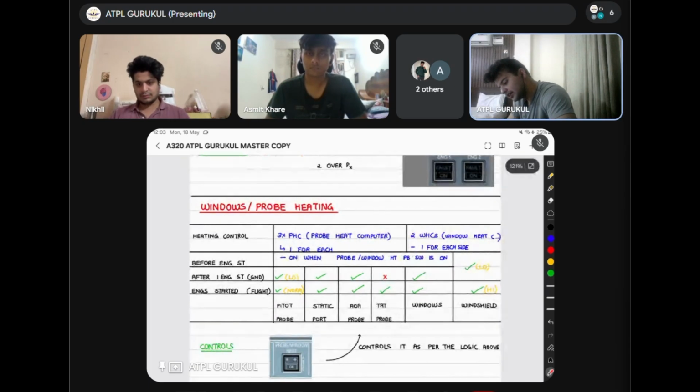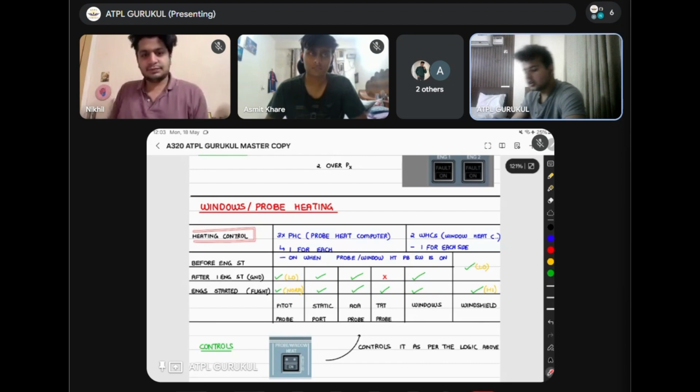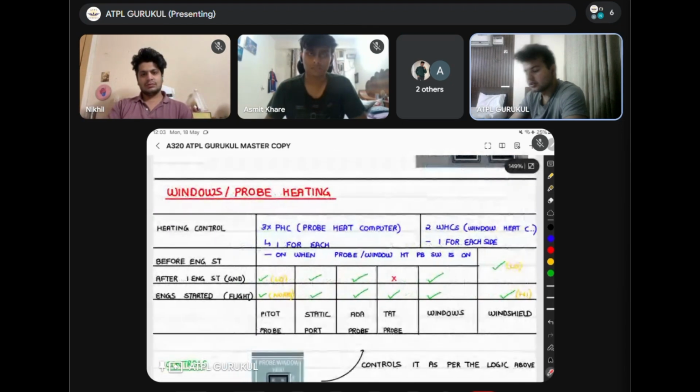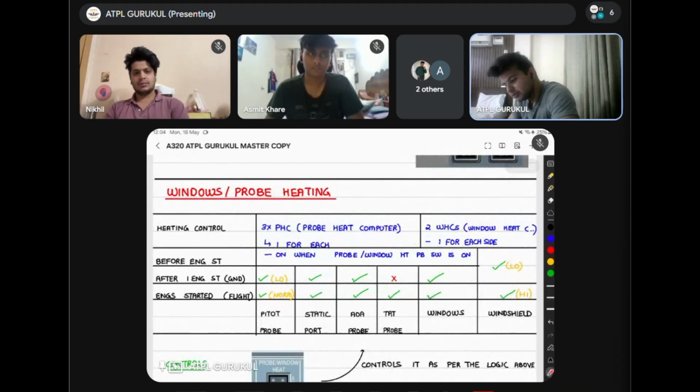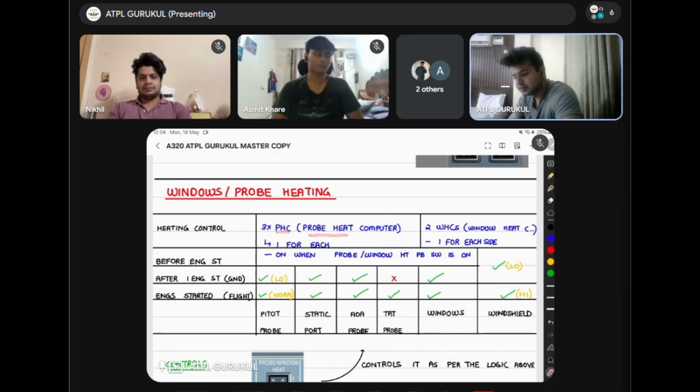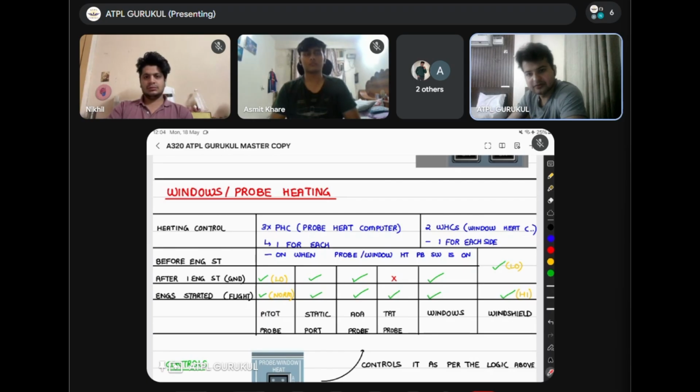Talking about heating control. Who controls the heating? Okay, if you're talking about windows, you have WHCs. If you're talking about probes, there is PHCs. Probe heat computer, window heat computer. Very simple. But how many? How many sides do we have? Two. So we have one each side.